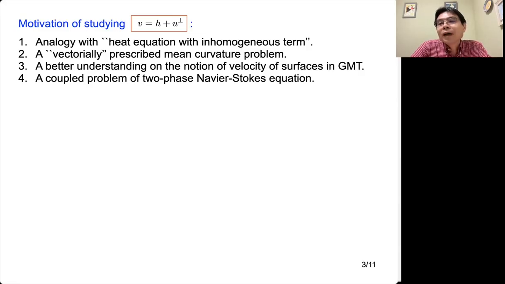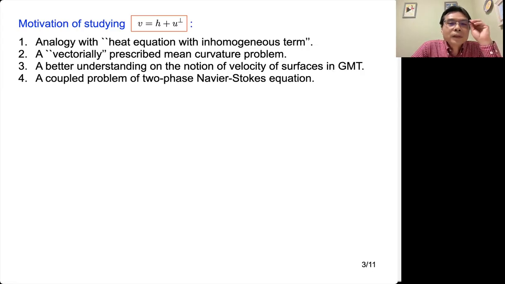That's very much studied, and you might also study the so-called prescribed mean curvature problem, where you are given a value of the mean curvature at a point and then look for a surface whose mean curvature takes precisely the prescribed value at that point.